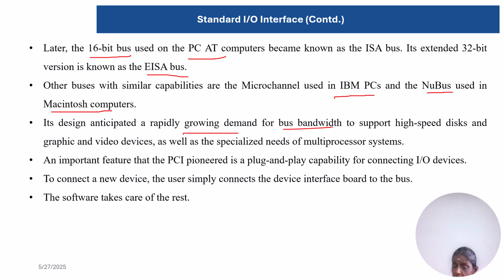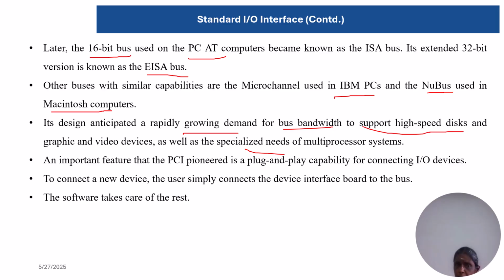So if we are increasing the bus bandwidth, then automatically it should be supported by the bus. That is why bus bandwidth is needed to support high speed disks and graphic and video devices, as well as the specialized needs of multiprocessor systems.